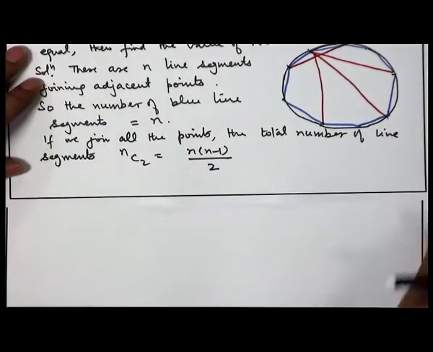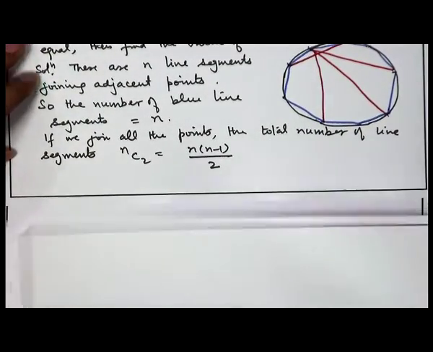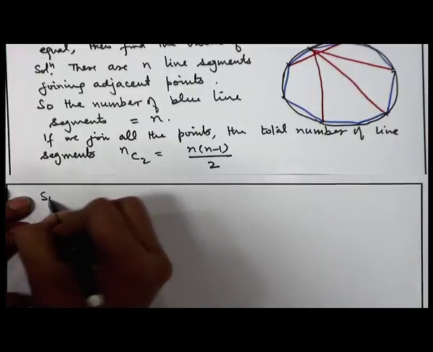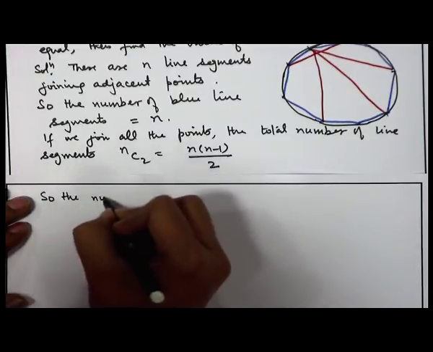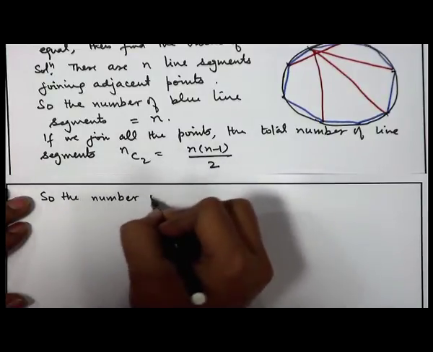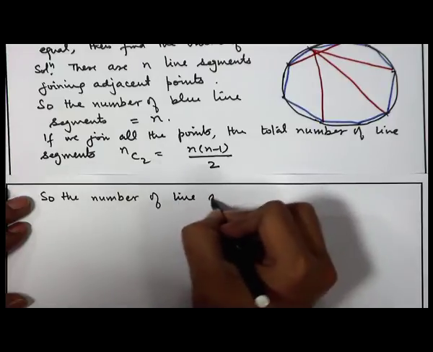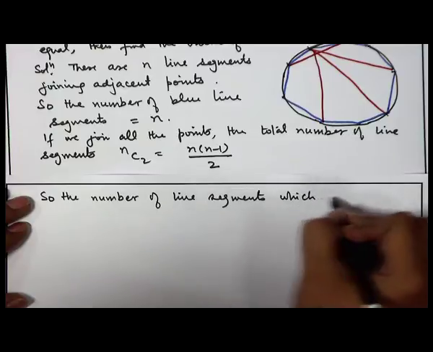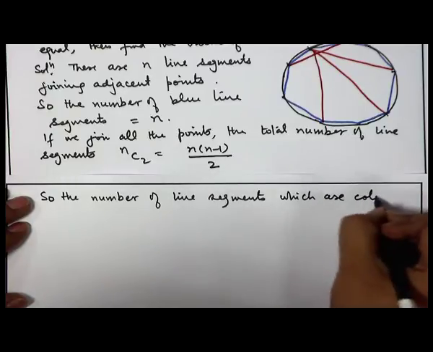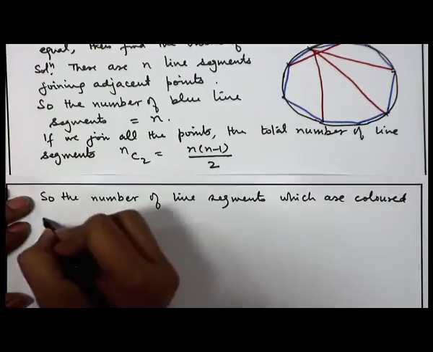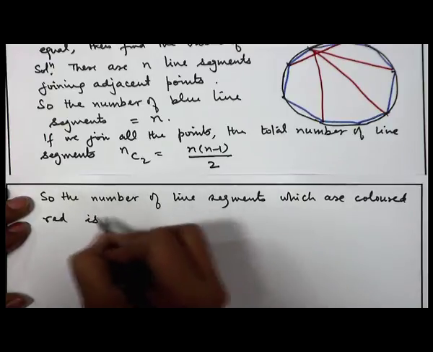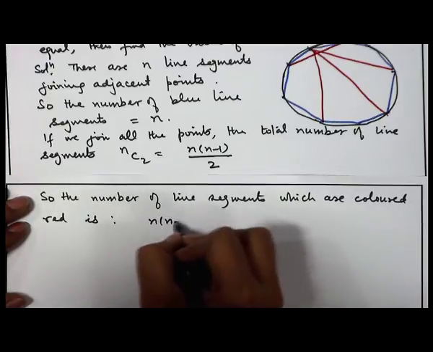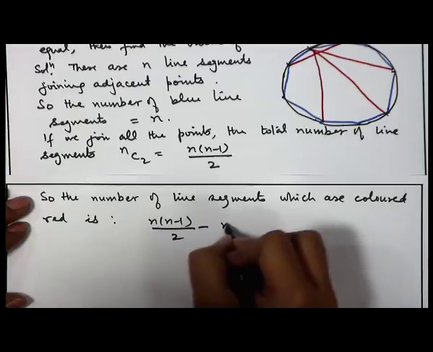So, we just write that thing. The number of line segments which are colored red, that is n into n minus 1 by 2 minus n.